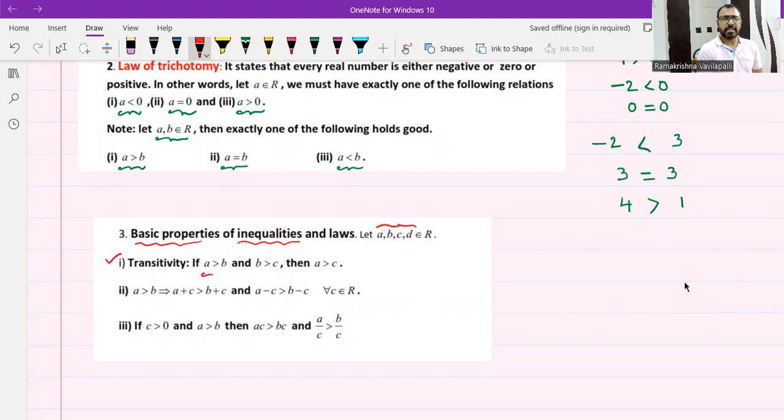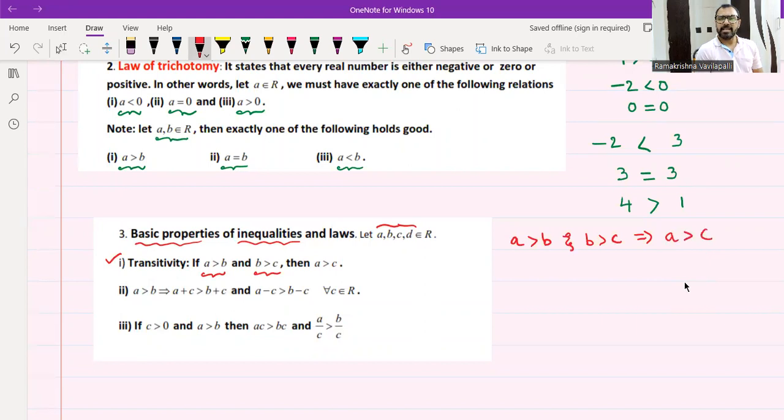Suppose A is greater than B, and B is greater than C. Then we can say that A is greater than C.